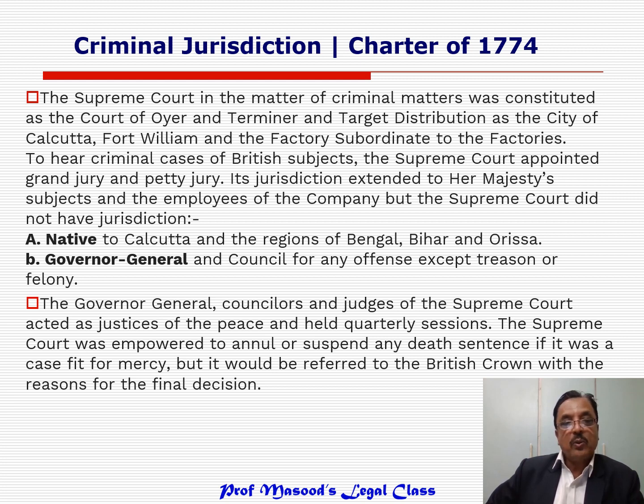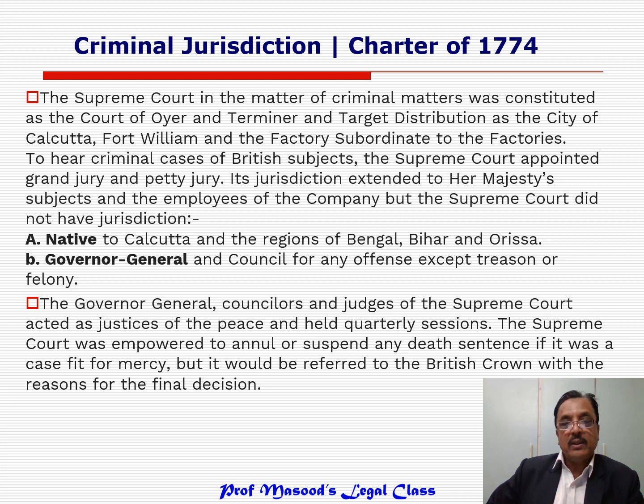The Supreme Court was empowered to suspend any death sentence if it was a case fit for mercy, but it would be referred to the British Crown with the reasons for the final decision. So this is the criminal jurisdiction.